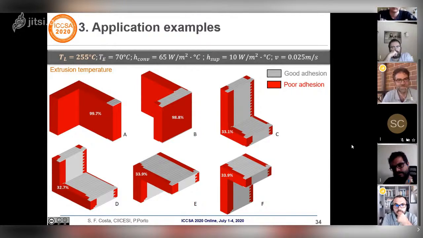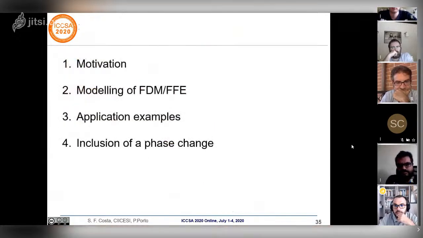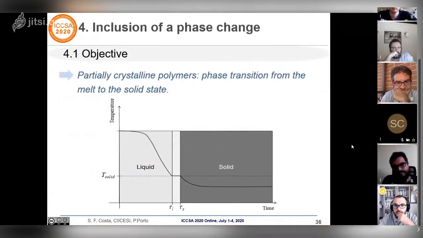Despite the practical usefulness of this model, this method can only be used for amorphous materials such as ABS. So in the case of partially crystalline polymers such as PLA, a phase transition from the melt to the solid state must be considered. And during this phase, the temperature remains constant.